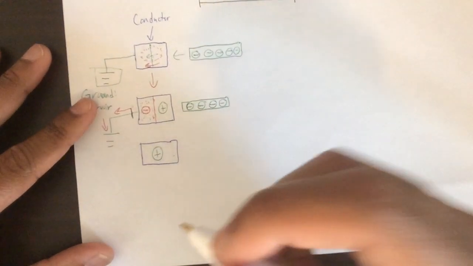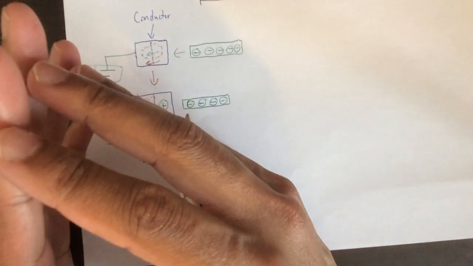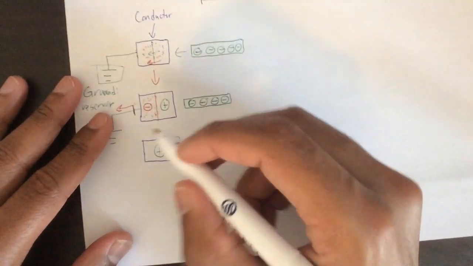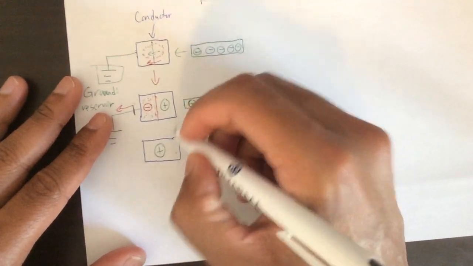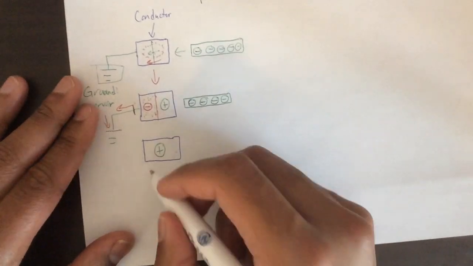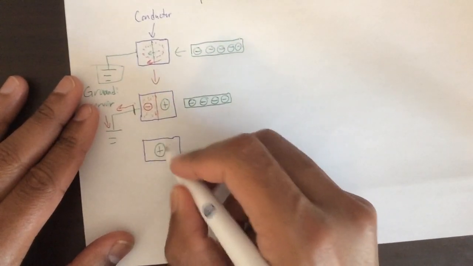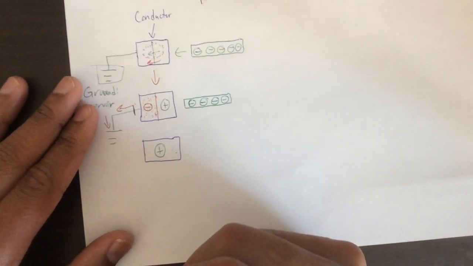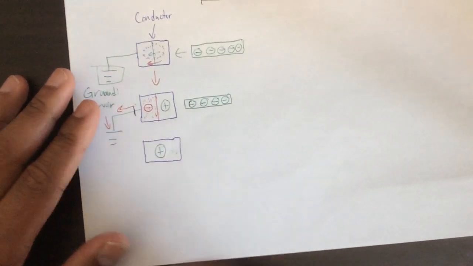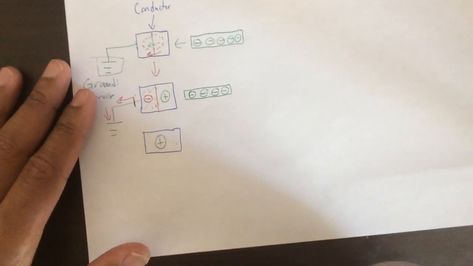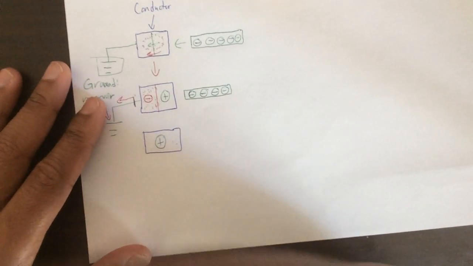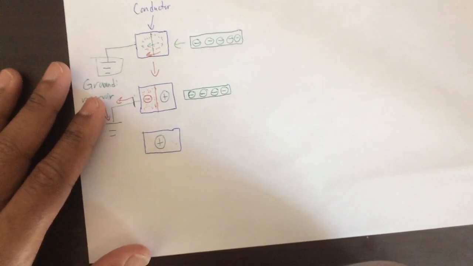So in conduction, there's a contact that transfers electrons from one object to the other. But in the process of induction, there's no contact that occurs to make the object charged. So that is the process of induction and how it differs from the process of conduction.